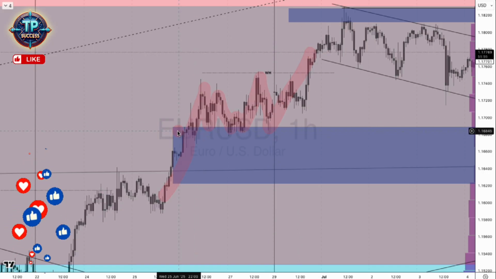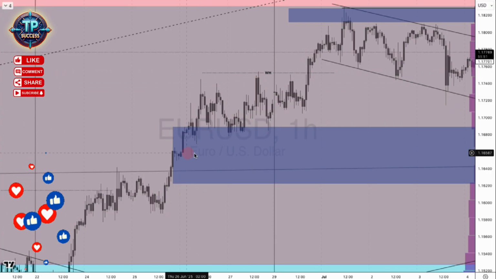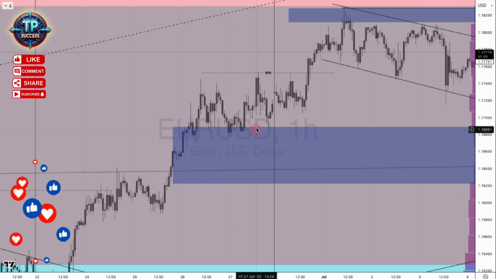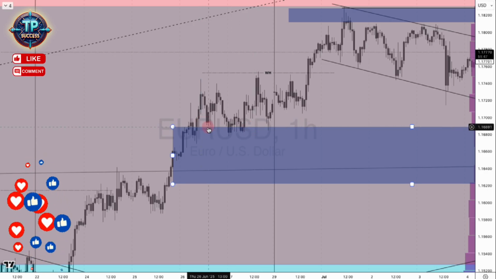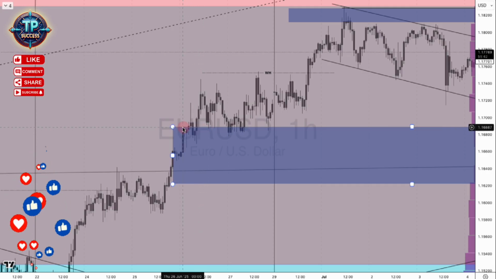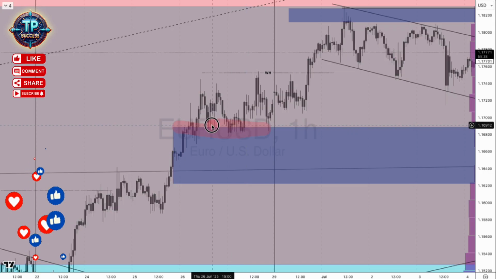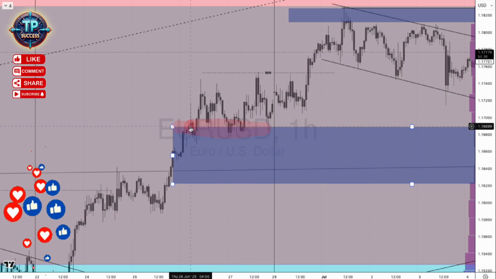This took place between Thursday and Friday. So this is how a retest normally looks. Sometimes it's just one tap, sometimes it could be 3, 4, or 5, but bottom line is, if you're in at the level of the retest, chances are your drawdown will be minimal.